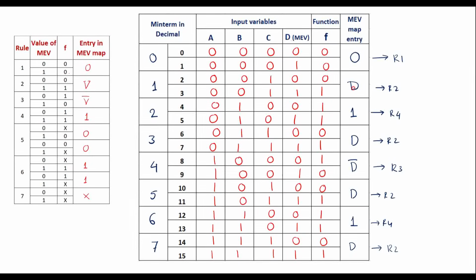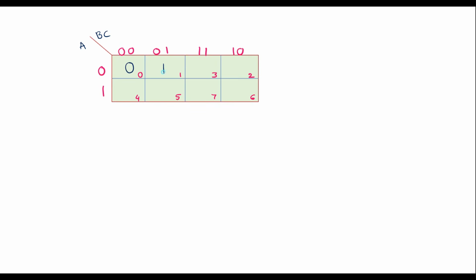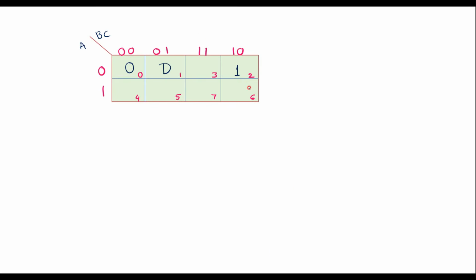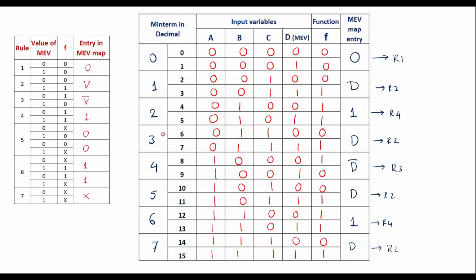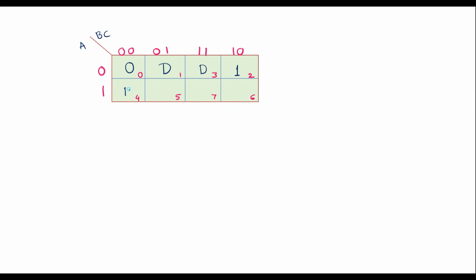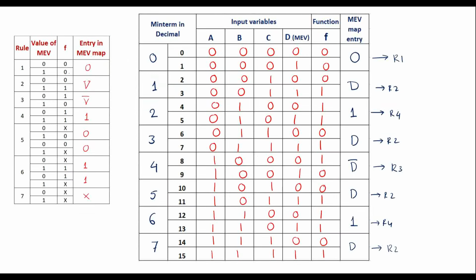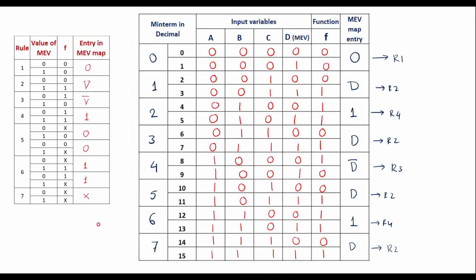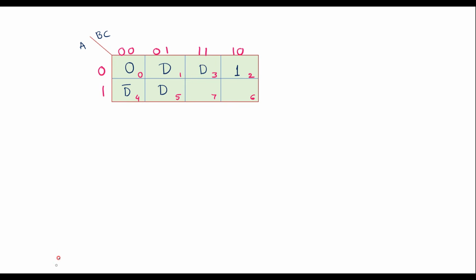For 1, MEV map entry is D. Similarly for 2 it is 1, for 3 it is D, for 4 it is D bar, for 5 it is D. So now for 6 the value is 1, and for 7 it is D. So this is 3 variable K-map. It is also known as MEV K-map.